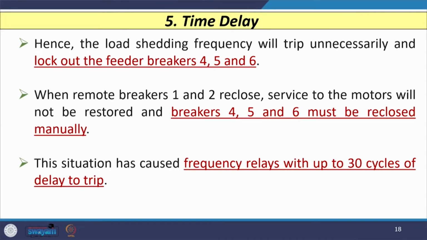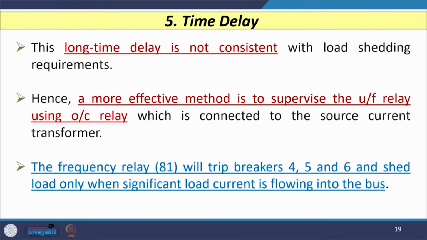If I wish to restore the supply, then I have to manually reclose breakers 4, 5 and 6. This situation is going to give rise to a time delay of the order of 30 cycles. However, this long time delay of 30 cycles is not in coordination with the load shedding requirement of the scheme.